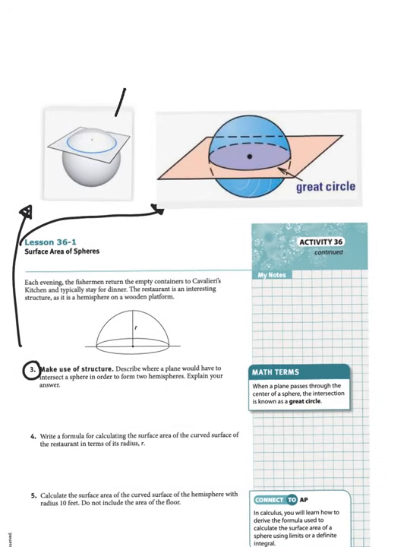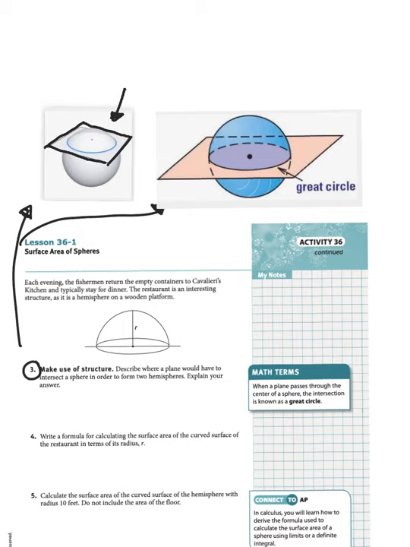Now keep in mind, back to our very start of the school year, a plane can be modeled with almost like a piece of paper. So think about a piece of paper slicing through a circle. We want to know, in order to create 2 perfect hemispheres, where would this plane have to actually intersect?